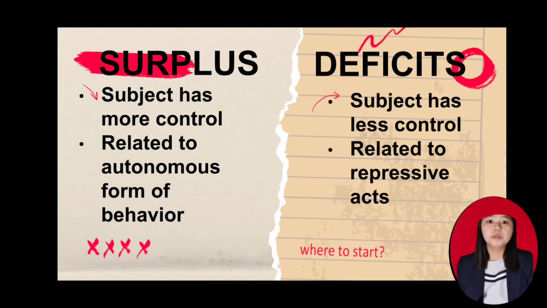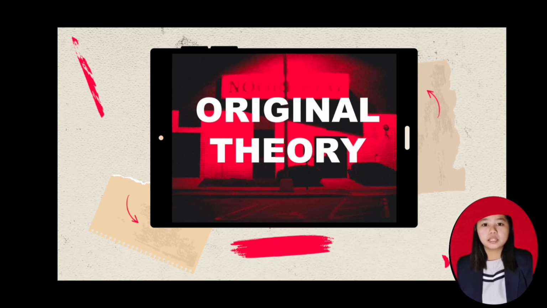Thus, the predicted behavior is related to repressive acts. So here we can conclude that in the original theory, those who wield the most control and those who have the least control are proposed to be the ones most likely to engage in deviant acts.